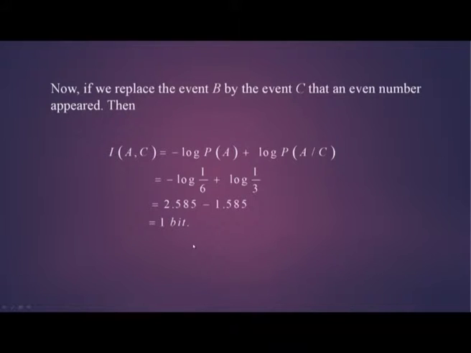Now, if we replace the event B by the event C, that an even number appeared, then what will happen?